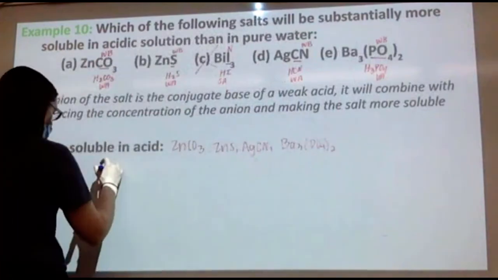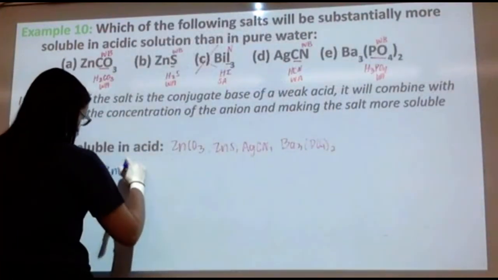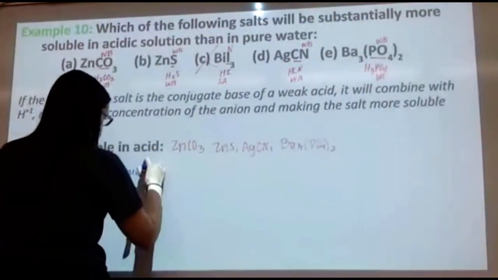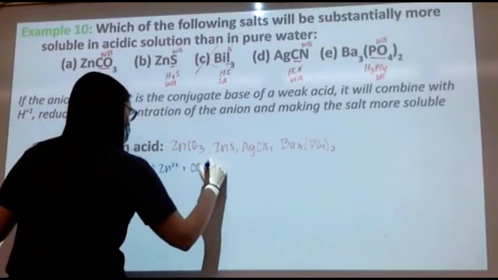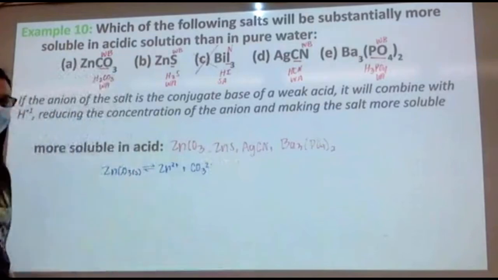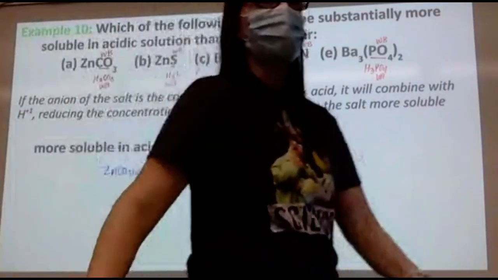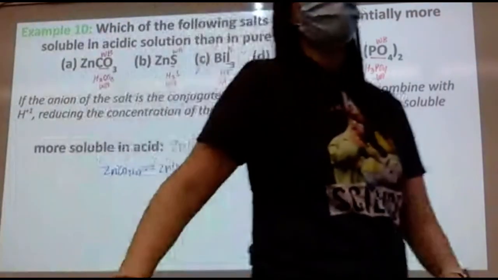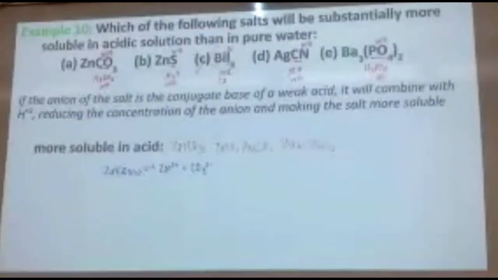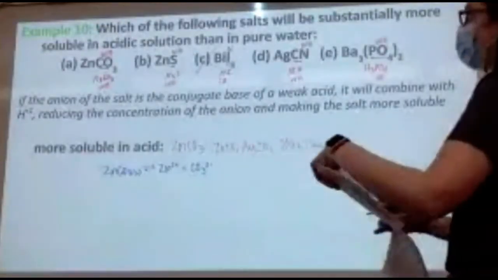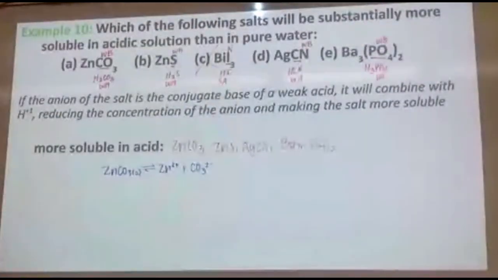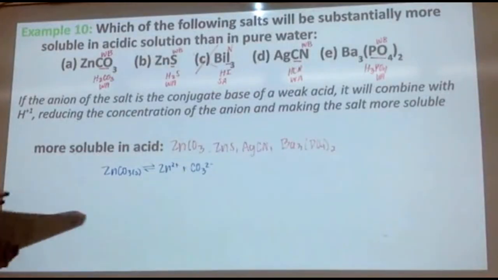So if we think about zinc carbonate, here's the equilibrium of zinc carbonate with its ions. Now, if we add an acid, or it's an acidic solution, that means that we're adding H+. And you look at this, you're like, well, there's no H+, so how is this going to react?